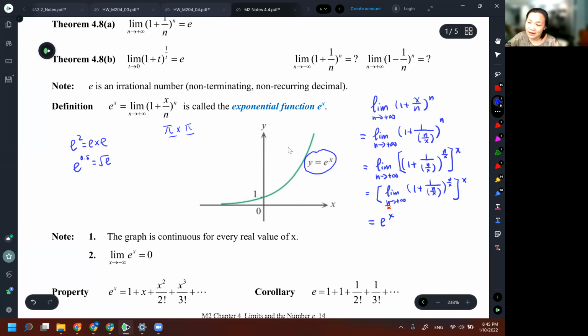You see this graph also passes through (0, 1). The y-intercept is 1. And on the left-hand side, it is asymptotic to 0. That means when x tends to negative infinity, the limit of e to the power x is 0. Okay, that's what I wrote.